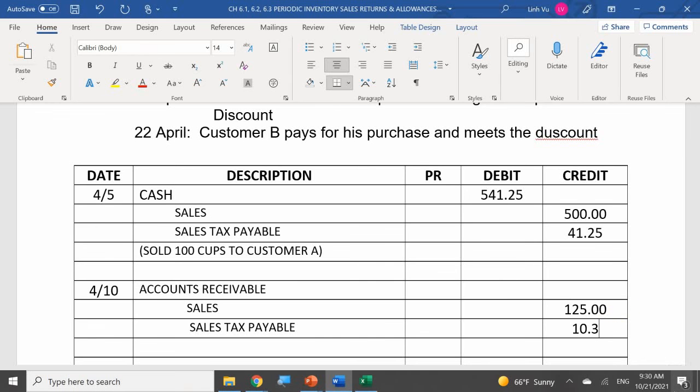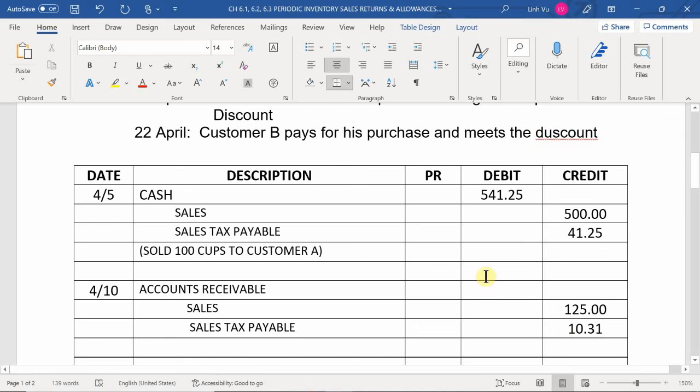So it would be 10.31. Yeah, correct. So in this case, remember, when it comes to sales tax, you must round up.